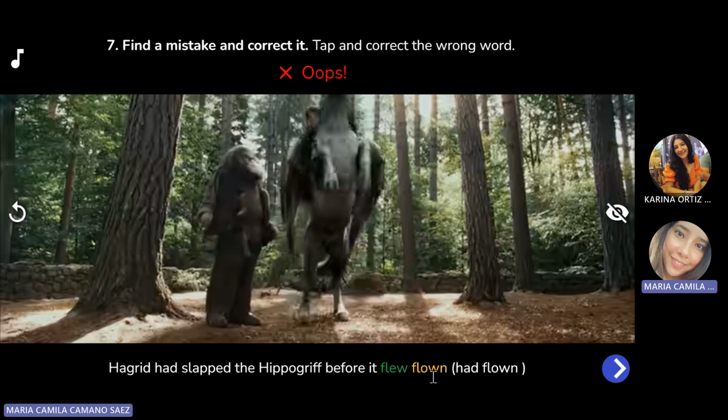You are right, but the past participle form is not correct. It is flew, because remember we are not talking here about past participle. It is past simple, because the past participle is here with past perfect. But yes, don't worry. Move forward.